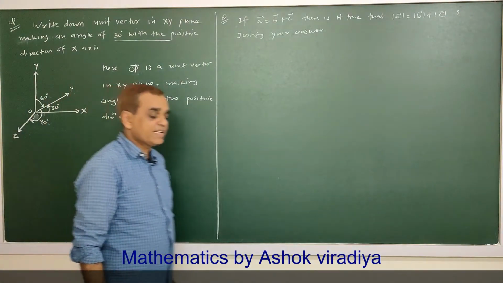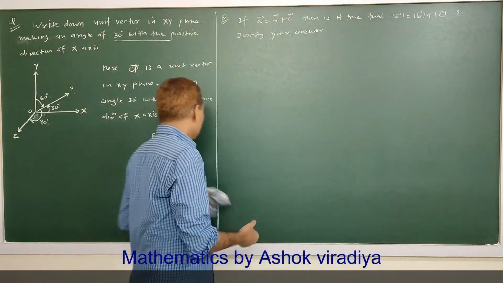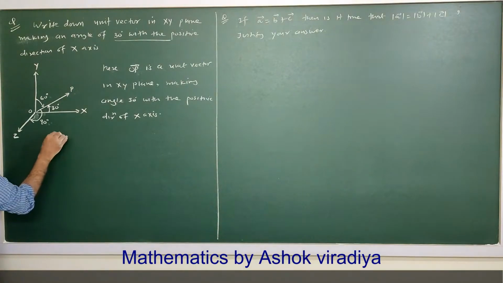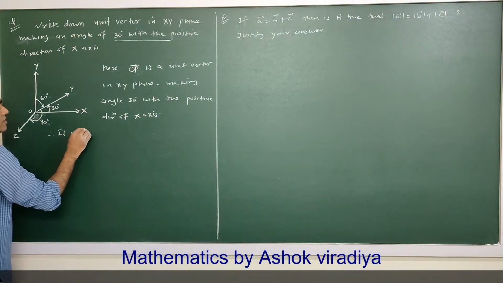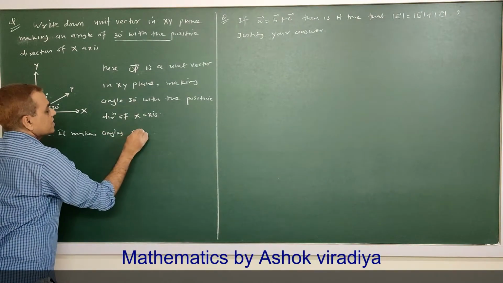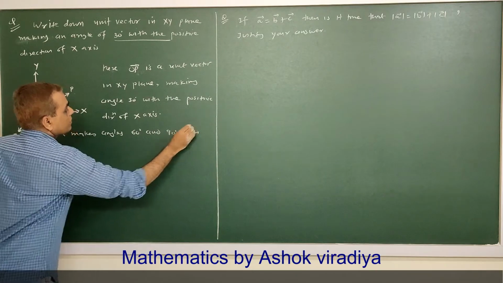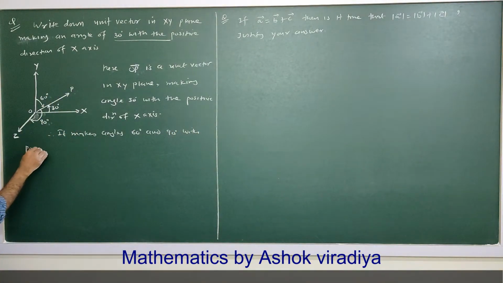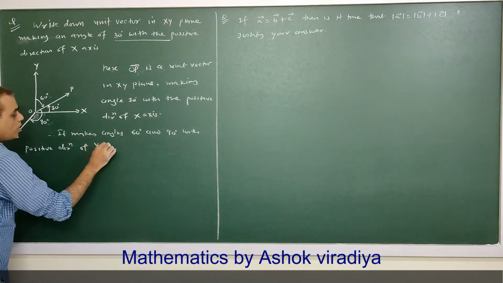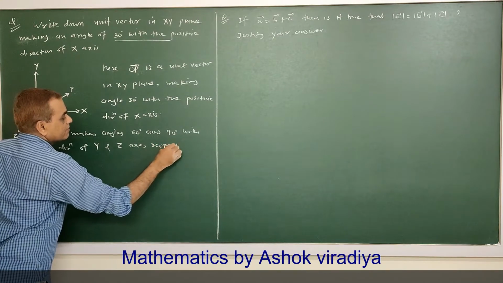And because it is making angle 30 degrees with the positive direction of x-axis, as I explained, it makes angles 60 degrees and 90 degrees with the positive direction of y and z axis respectively.